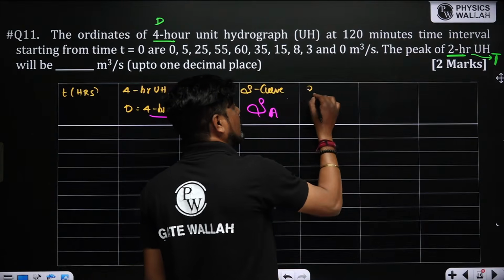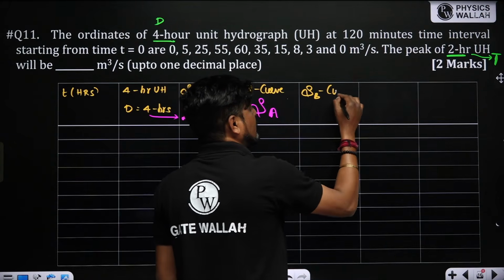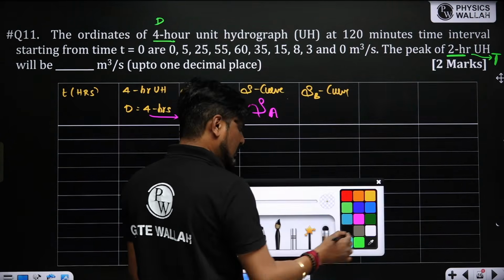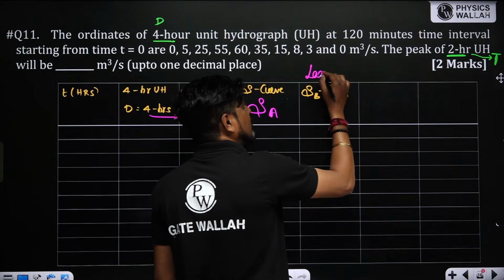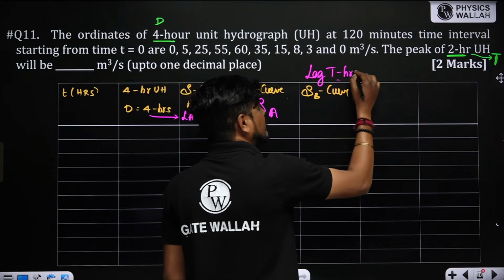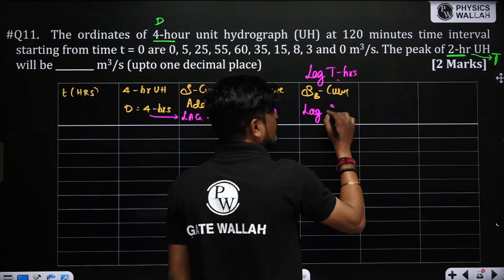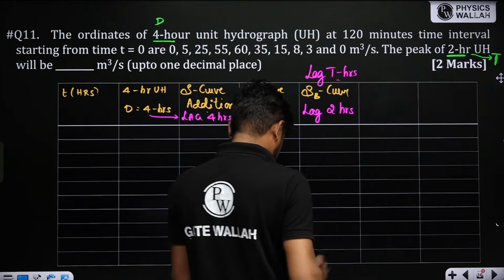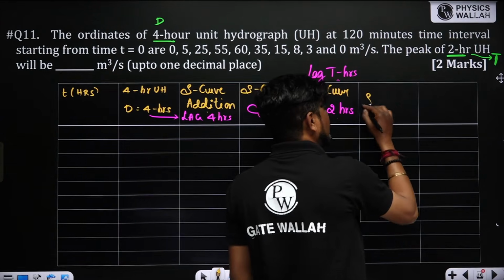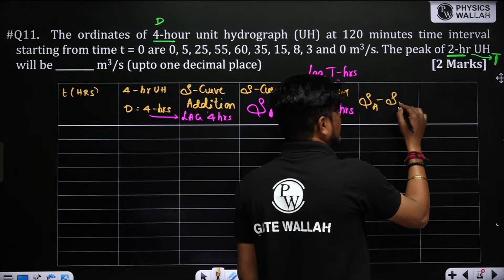नेक्स्ट कॉलम रहेगा आपका एस बी कर्व, लैग टी आवर्स। सो लैग टी क्या है, टी इज 2 आवर्स। नेक्स्ट कॉलम SA minus SB.